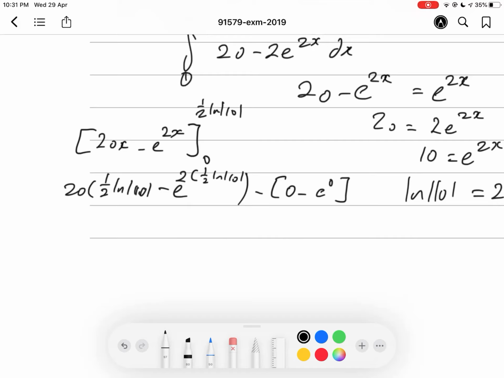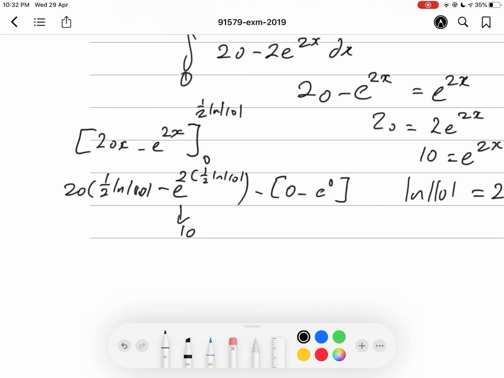Okay. So 1/2 of ln 10 times 20, and 2 times 1/2 is just ln 10, so e to the power of ln 10 comes out to be 10.